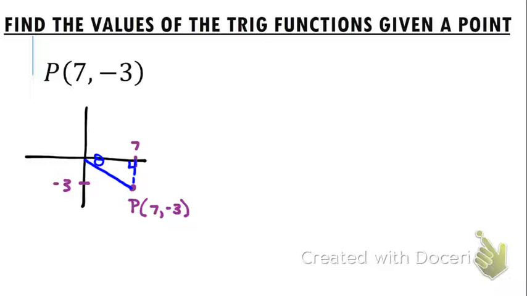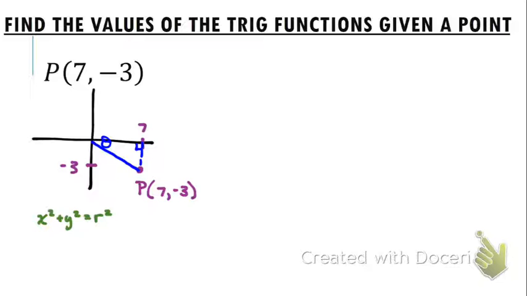So I've got x squared plus y squared equals r squared. What are we using for x and for y? 7 and -3. When I square 7, when I square -3, what do I get? 49 plus 9 equals r squared.